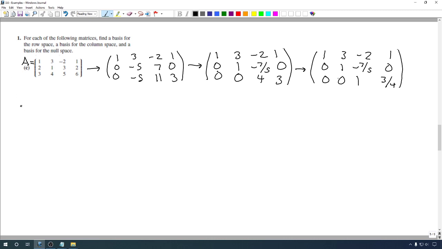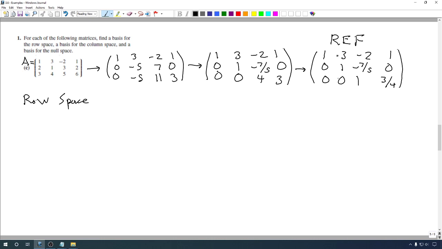So for the row space, we can take either all 3 of the rows of our row echelon form matrix, or because all the rows came from rows in A, we could use the same rows as in A. It really depends on what you want.